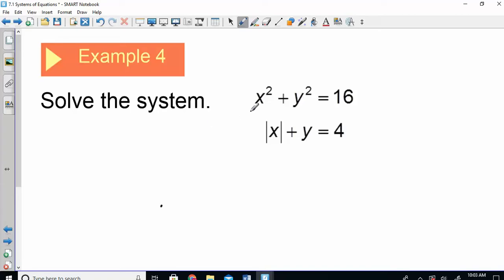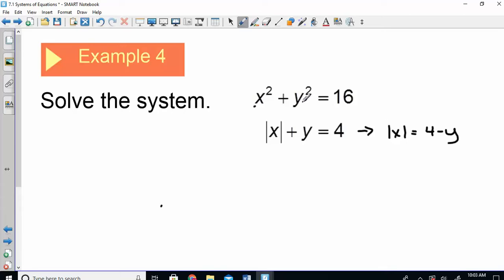It's a little bit different because we have that absolute value. If I took this, that means the absolute value of x is equal to 4 minus y. Now the absolute value, what does that do? It makes something positive.